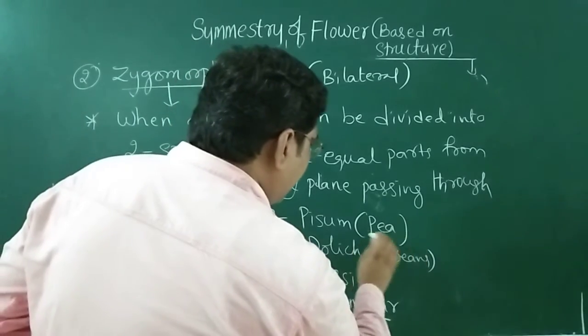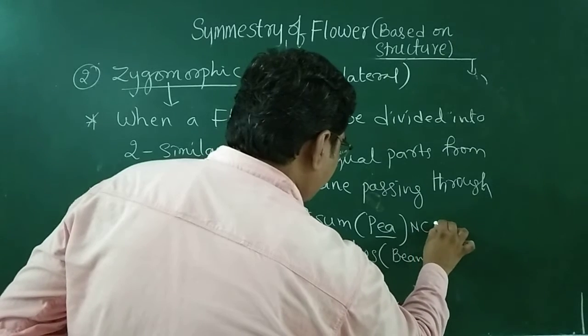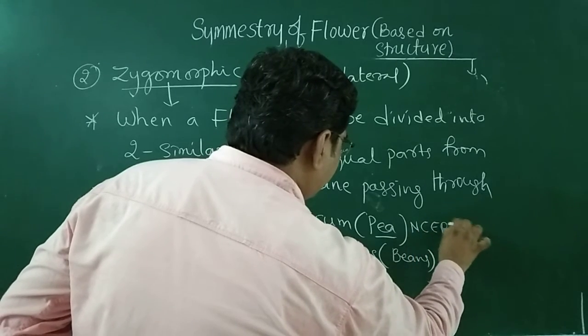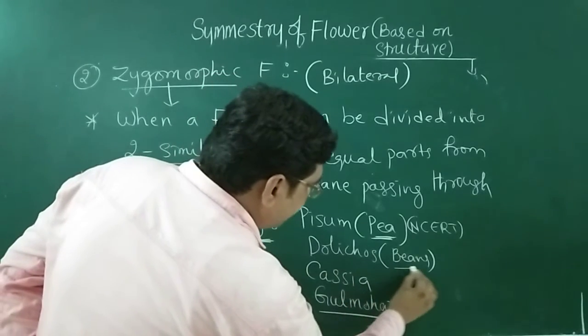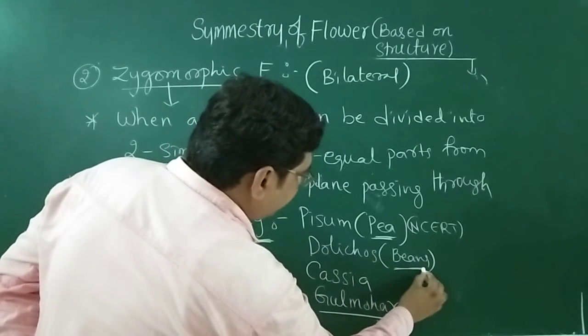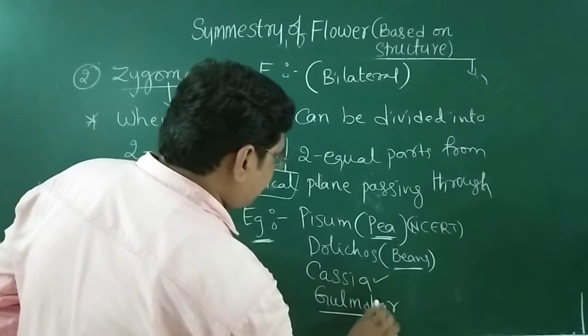In our NCERT textbook, the pea plant and bean plant flowers are given, then Cassia flowers are also given.